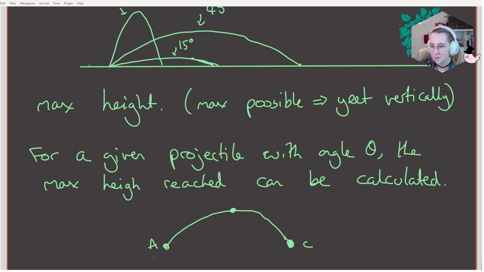It's at this point here, right? It's at the peak, just before it turns around and starts coming back. So this is our max height. And it has velocity 0, okay? Because velocity, remember, is directional. So as it turns around, it has to stop before it goes back down.